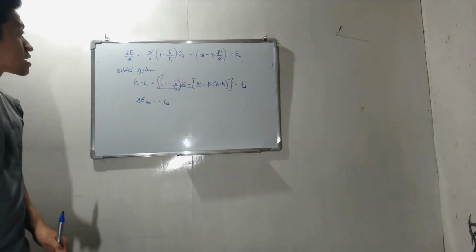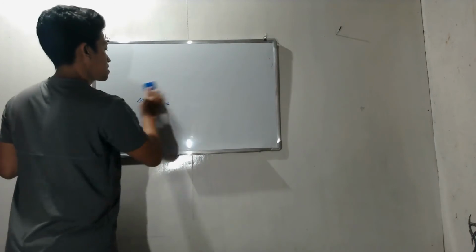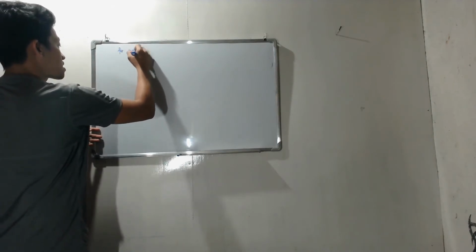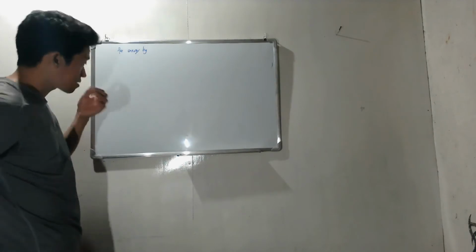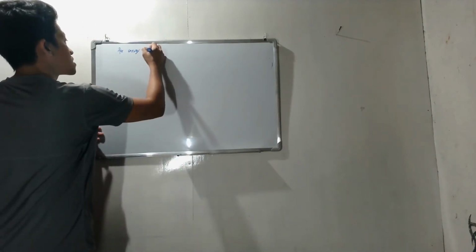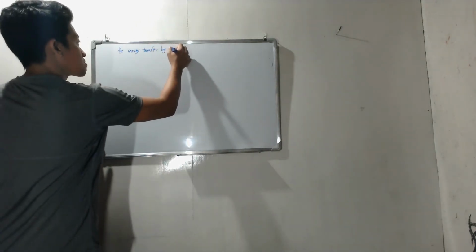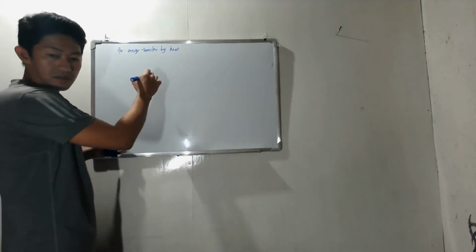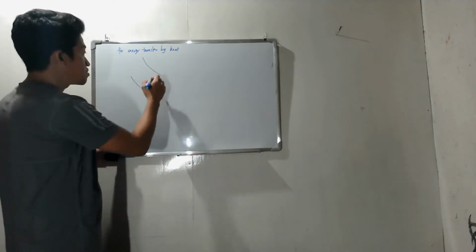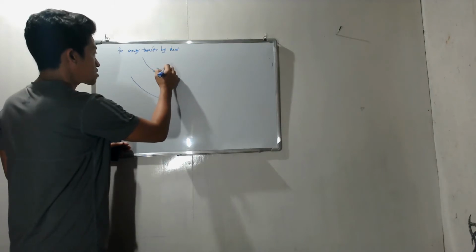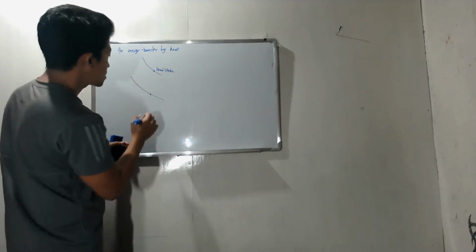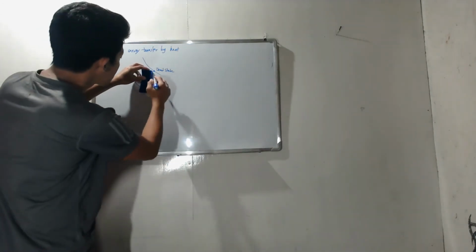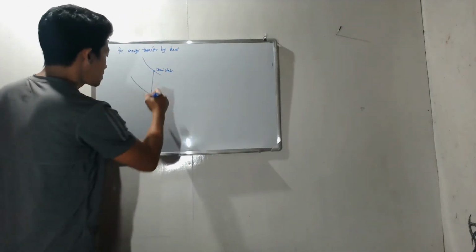Okay, now for exergy transfer by heat, say for example in the book, the dead state is the state of your environment. This is your initial state, T1.